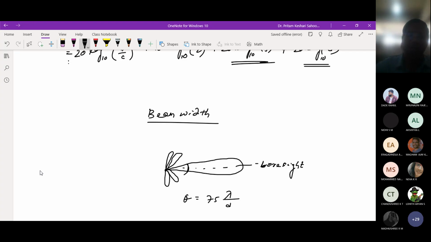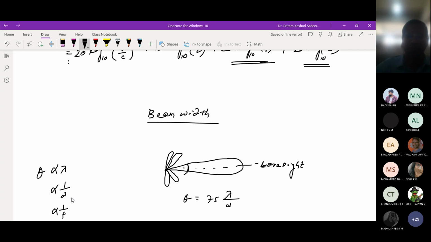So theta is directly proportional to lambda and inversely proportional to d. Since lambda is equal to c by f, theta is inversely proportional to frequency.